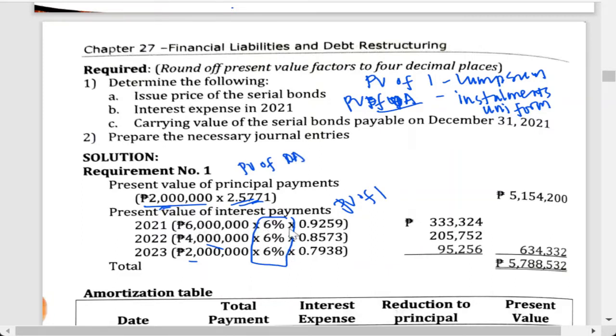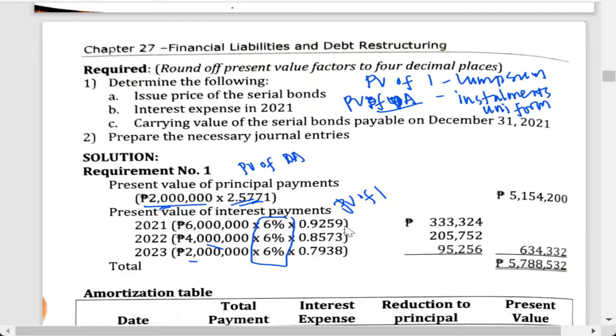Kani, na regular payments pero dili man pari-parihas ang amount kay 6 million times 6% is 360 and then this one 4 million times 6% is 240. So dili sila pari-parihas. So gamiton nimo ang present value of 1. This is for lump sum.